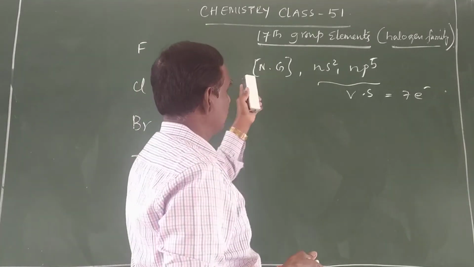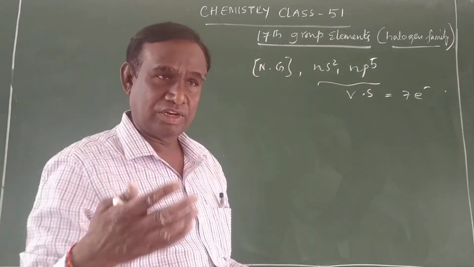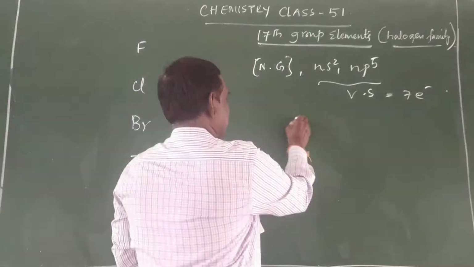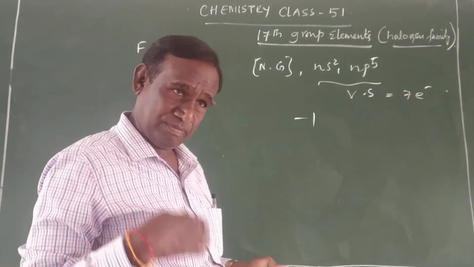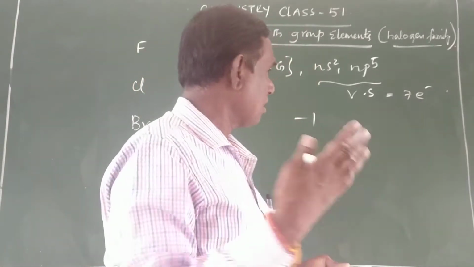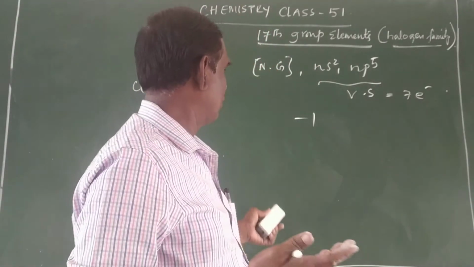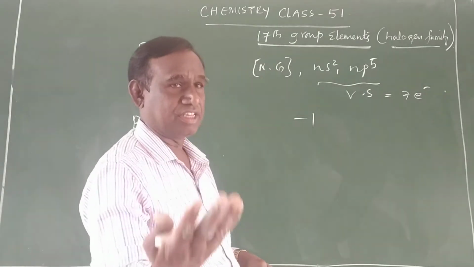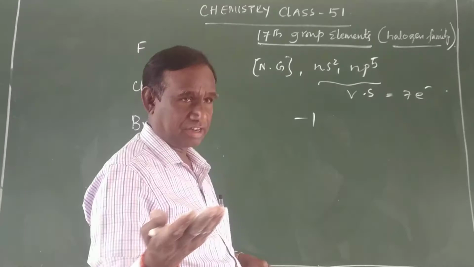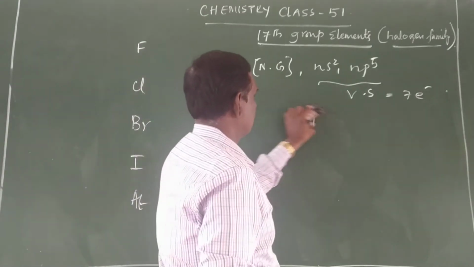For this reason, all halogens exhibit the -1 oxidation state, because they gain 1 electron to complete their octet, getting 8 electrons in the valence shell.